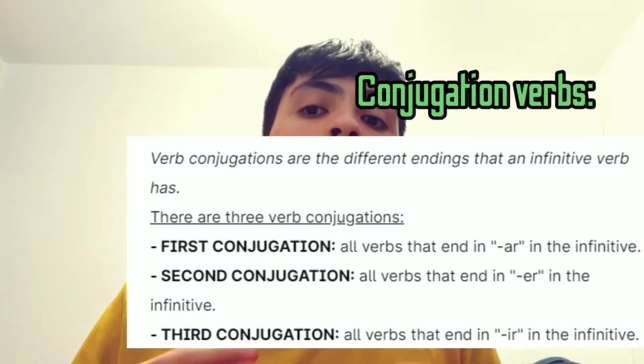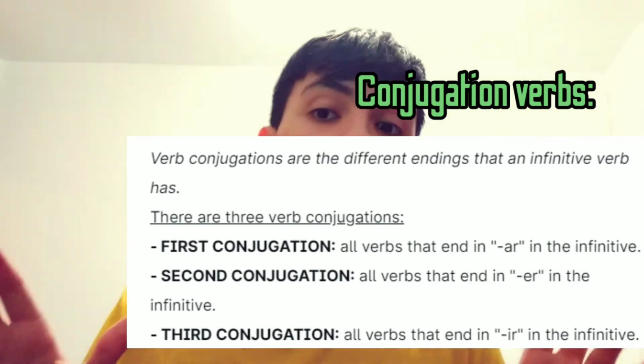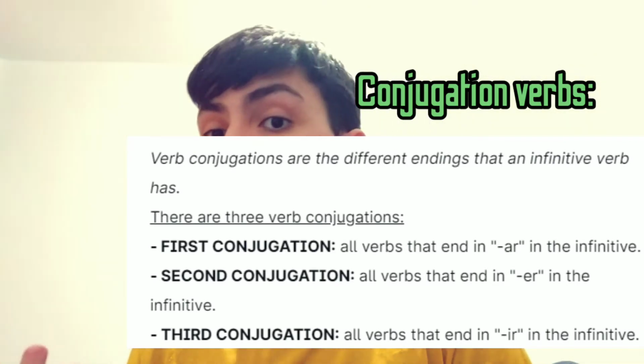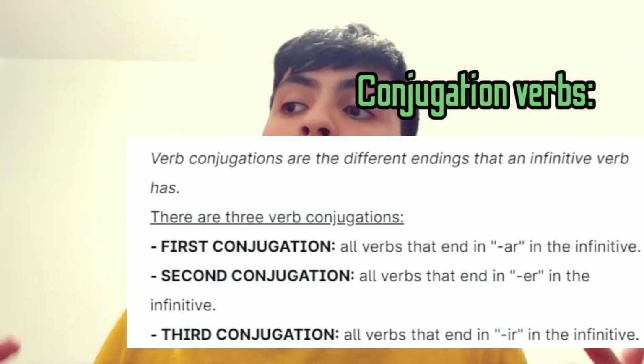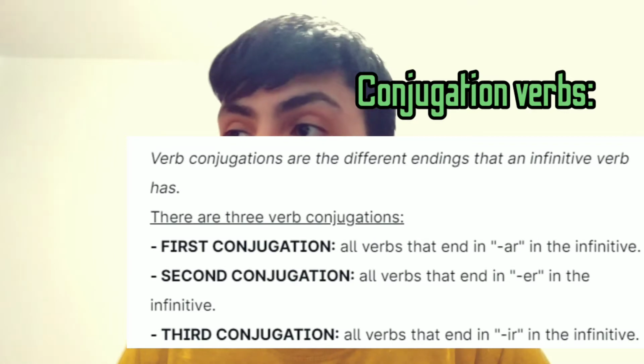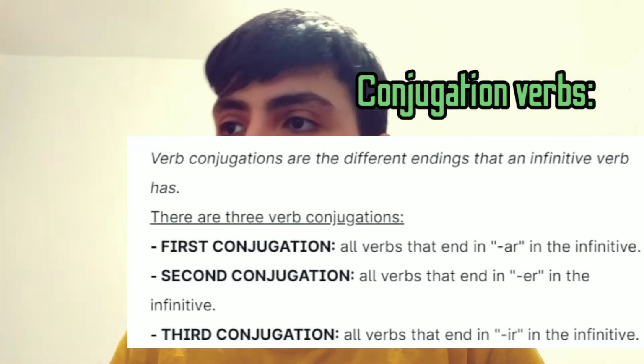We have the first conjugation, all verbs that end in "ar" in the infinitive form. The second conjugation, all verbs that end in "er" in the infinitive form.